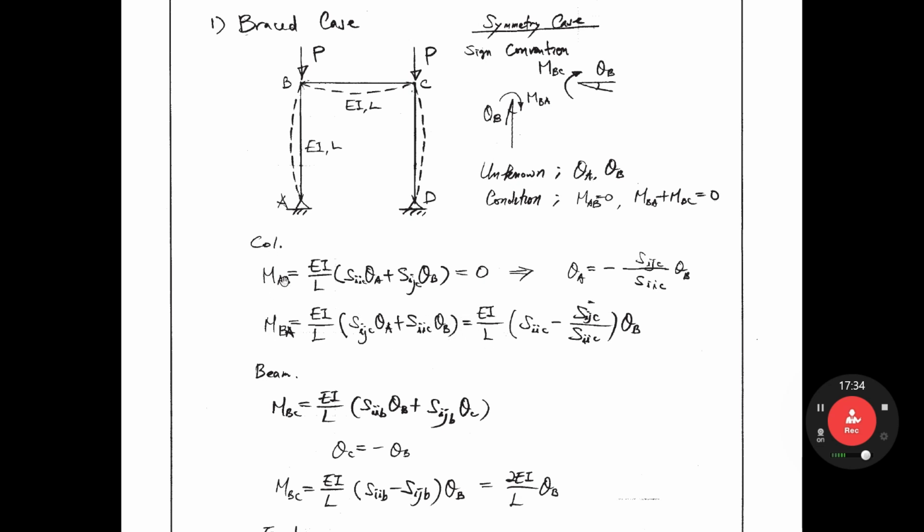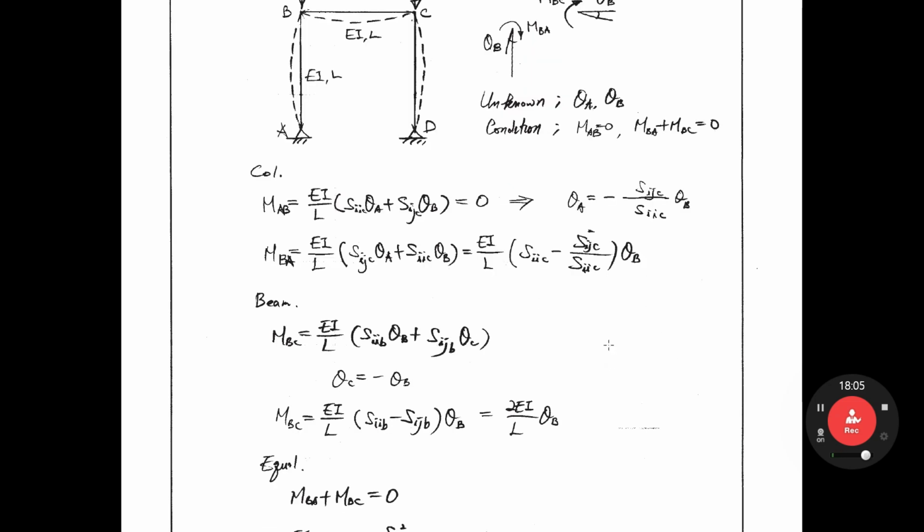Then MAB equals 0, right? Because it is a hinge. There is no moment at a hinge. From this equation, you get the relationship theta A equals minus SIJ over SII theta B. If you input this equation into here, your MBA equation can be written as this. So you already used one condition, MAB equals 0, right?